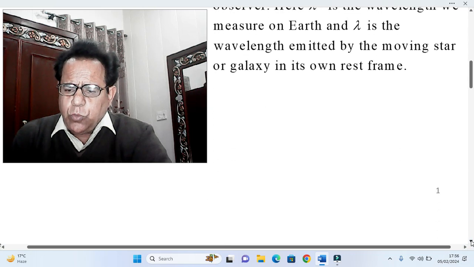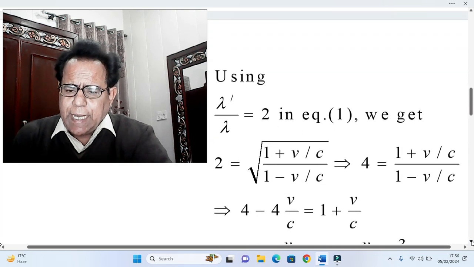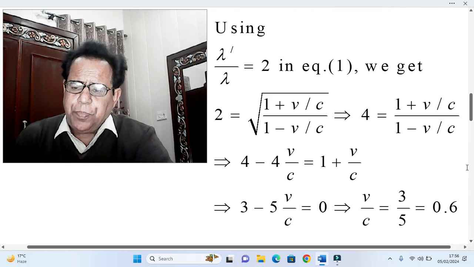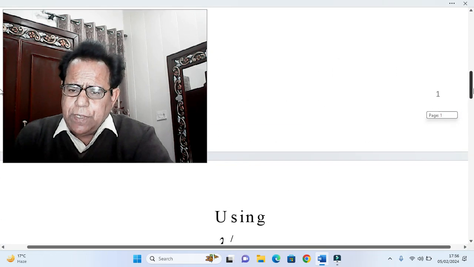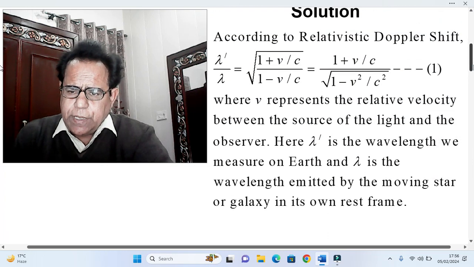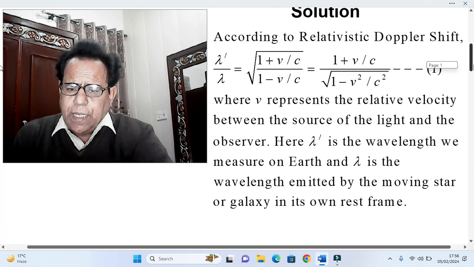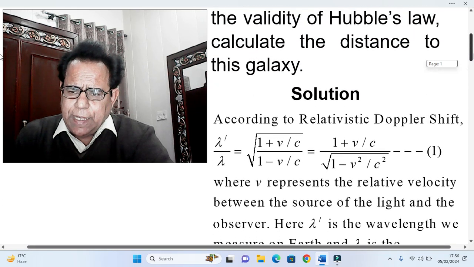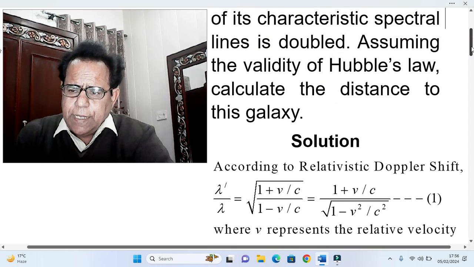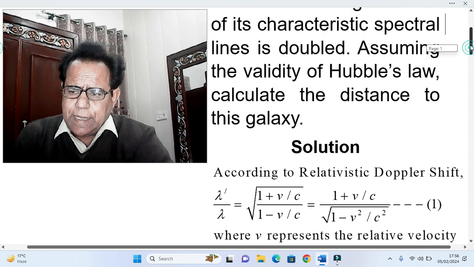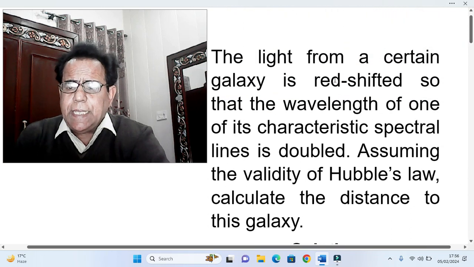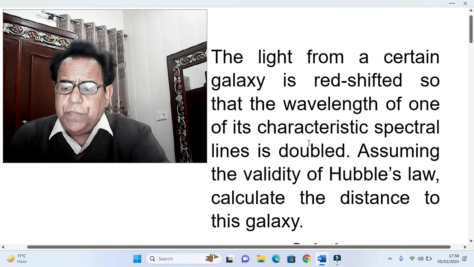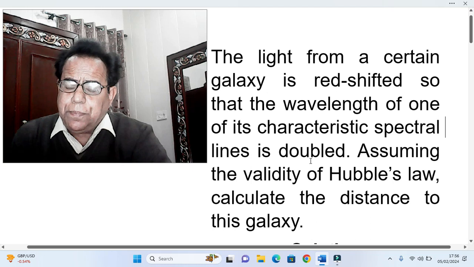Now we are using the above snapshot with the condition given in the statement, that the light from a certain galaxy is red shifted so that the wavelength of one of its characteristic spectral lines is doubled.